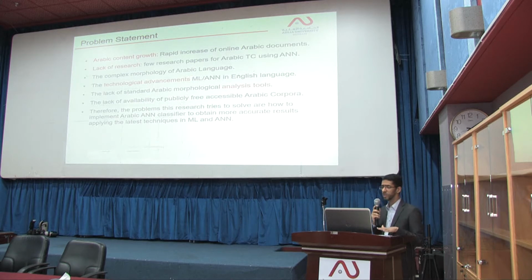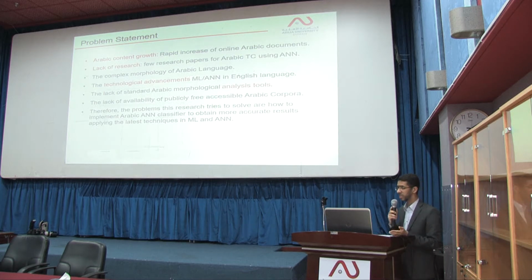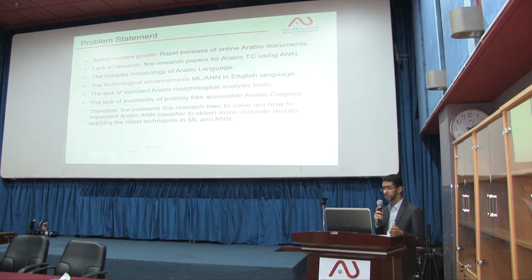There are few research papers for Arabic TC using especially ANN. Another problem is the complex morphology of the Arabic language. Another aspect is that the technological advancements in machine learning and artificial neural networks in English are not applied to Arabic till now.